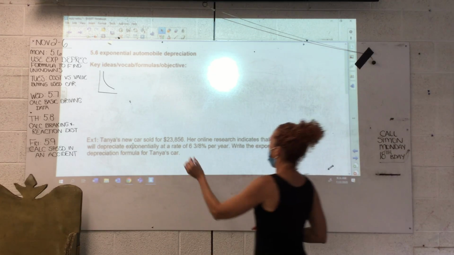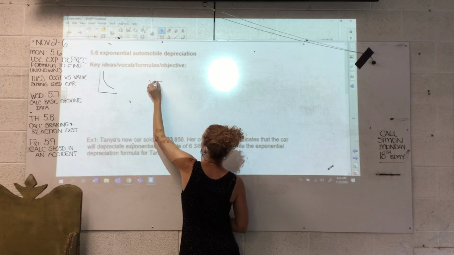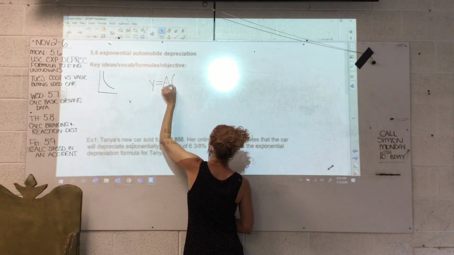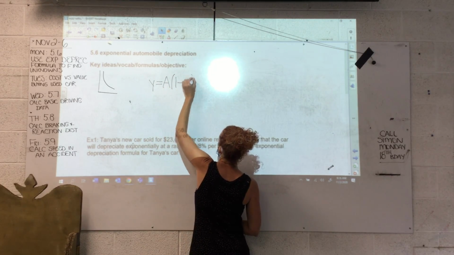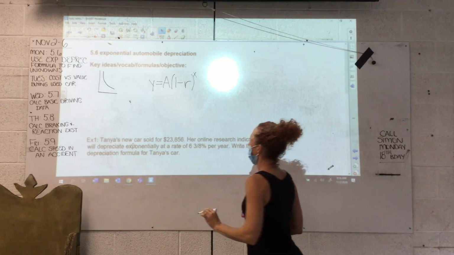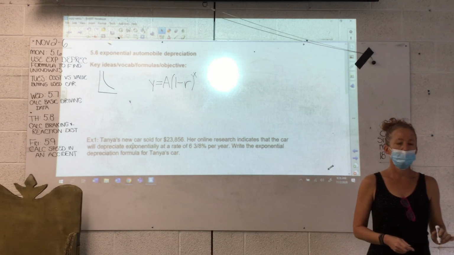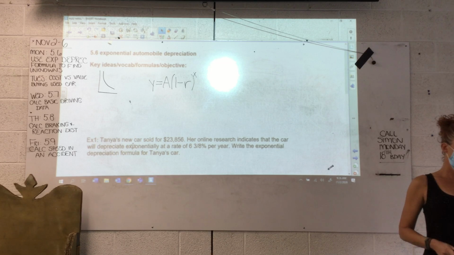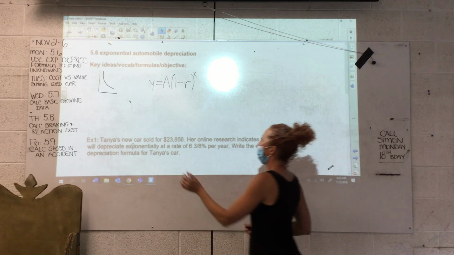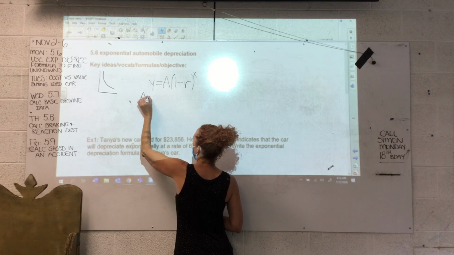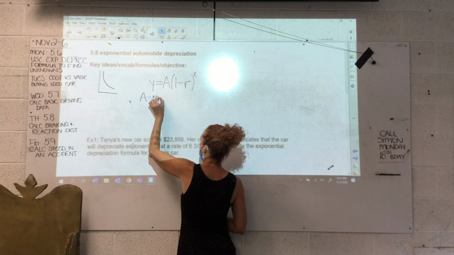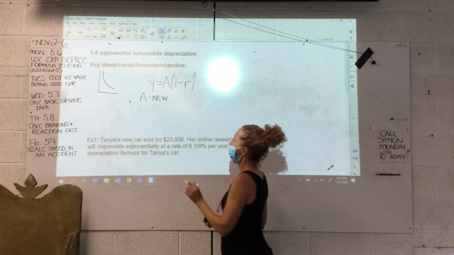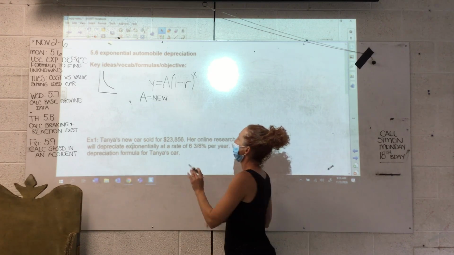Here's the formula. Y equals A times (1 minus R) to the X. Here are what the different values mean. A is the new price of the car. Wait, is it I or 1 minus R? This is an R. Is that your question?